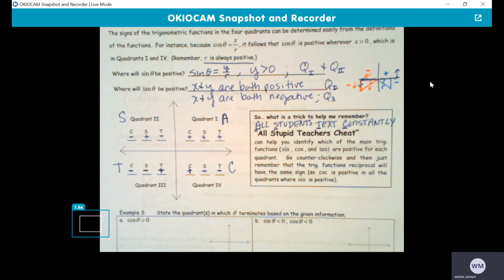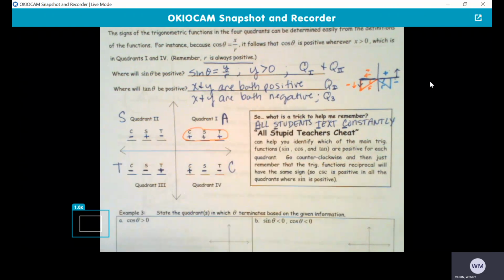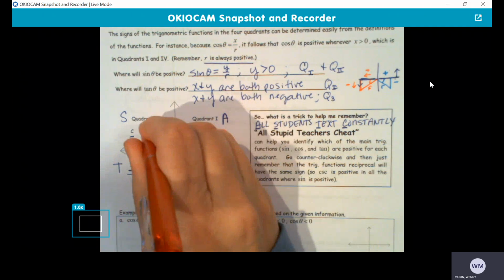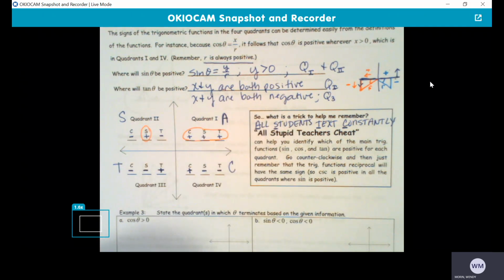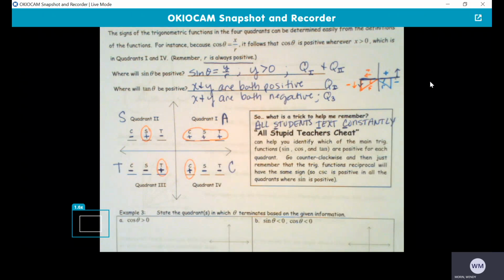What does that mean? All of the trig functions are positive in the first quadrant. Sine is positive in the second quadrant. Tangent is positive in the third quadrant. And the C, cosine, is positive in the fourth.